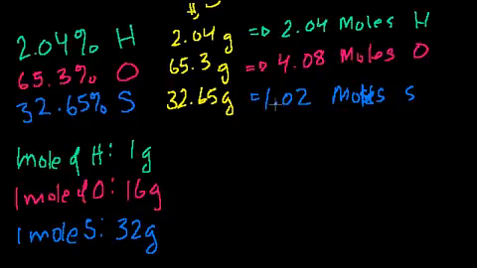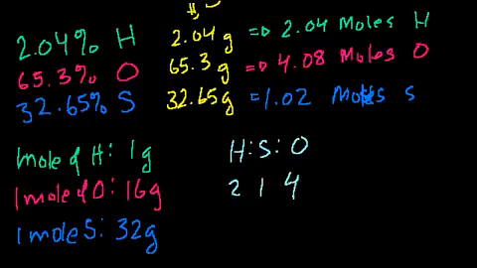And then for every 1 mole of sulfur, you have 4 moles of oxygen, right? If you multiply this times 4, you get 4.08. So for every 1 sulfur, we have 2 hydrogens, and we have 4 oxygens.